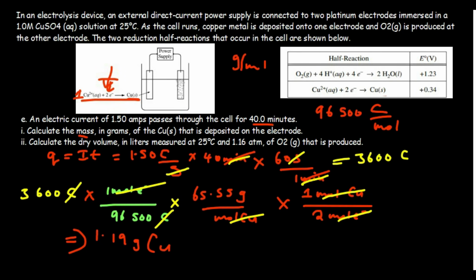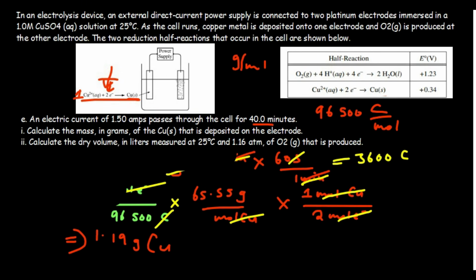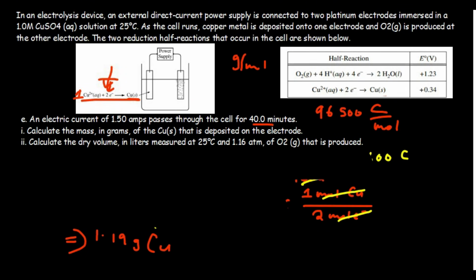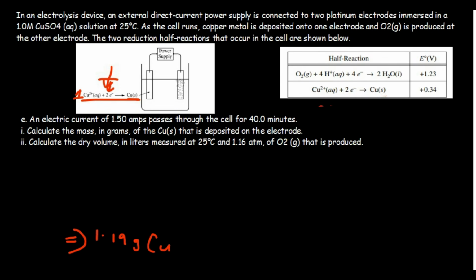Now, just to apply a bit of stoichiometry to answer the last question. Okay, so let's take note of the mass that has been determined: 1.19 grams of copper.